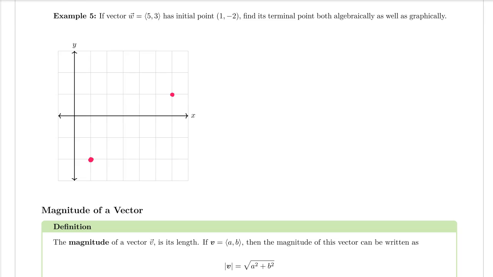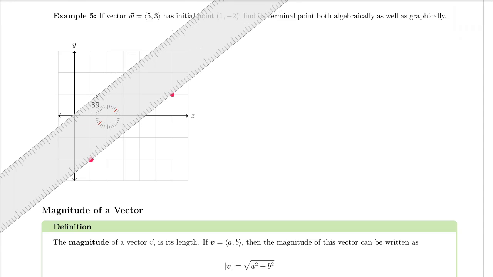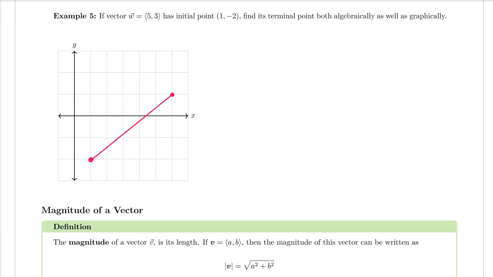I'm going to go ahead and erase this. That was just the placeholder to help me. And then I'm going to connect my initial point with my terminal point. So there is my line segment, and I know that this was my initial point, so my terminal point is here, and that means that my vector is going kind of in the northeast direction.